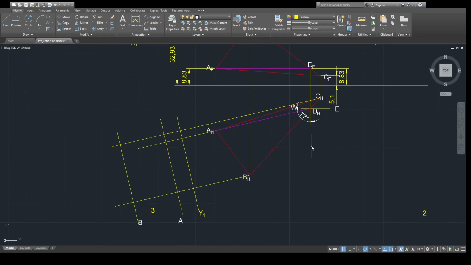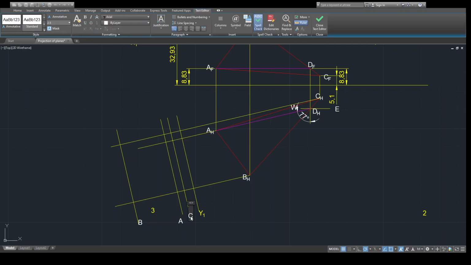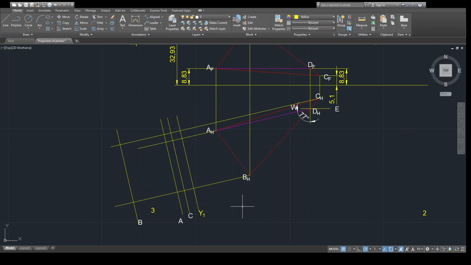So offset. What is the distance? 5.1. So this becomes the locus of point C, means over this line only point C lies. Next D, it is 8.83 only, because AF and BF are parallel to the XY line, so over the locus of point A only point D lies.